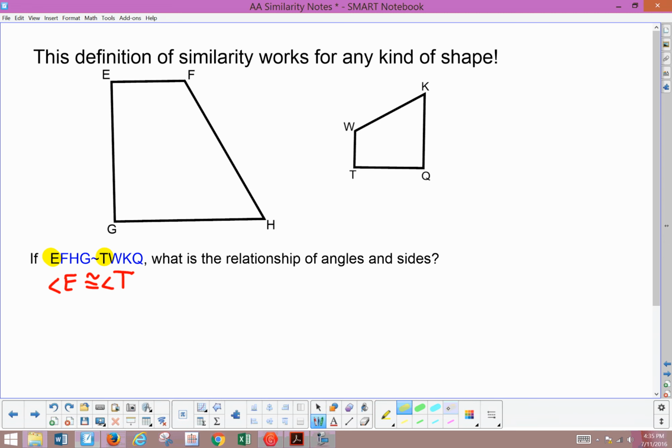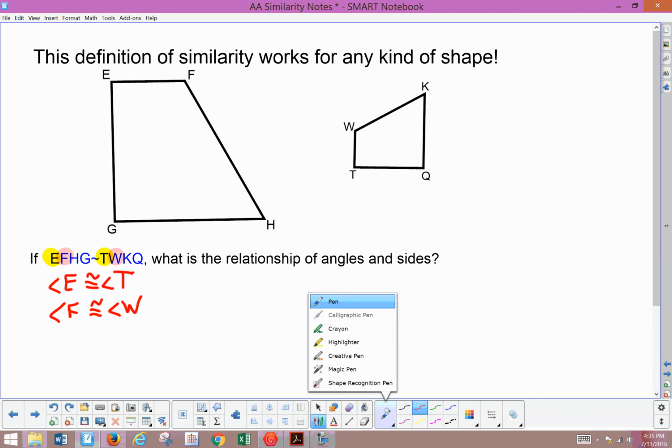I'm going to look at what is listed second. Second is an F, and on the right, the second one is a W. So that means I can say angle F is congruent to angle W.